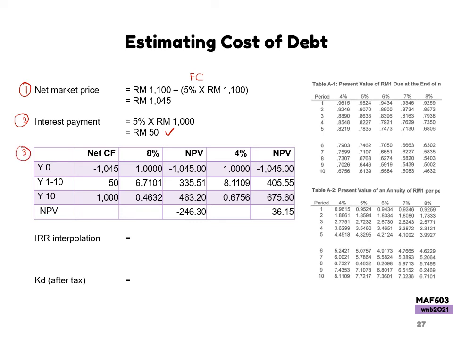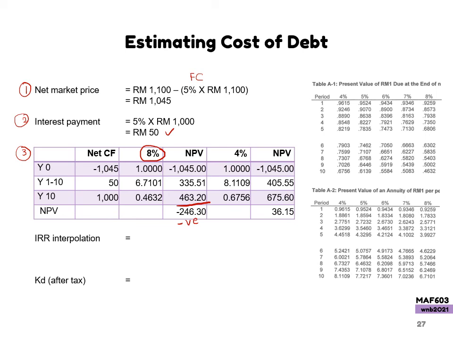Kena pilih dua rate. Satu rate yang bagi positive NPV and another one yang bagi you negative NPV. So macam tadi juga, I kata I prefer untuk start dengan 8%. I start dengan 8%, I dapat NPV dia negatif 246.30 sen. So I tahu nak dapatkan NPV yang positif, I need to reduce the rate. Daripada 8% tu, I nak kena pilih rate yang lebih kecil daripada 8%.